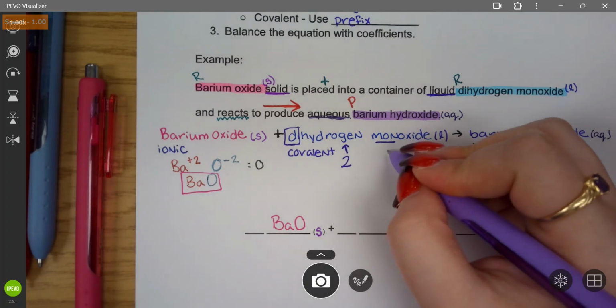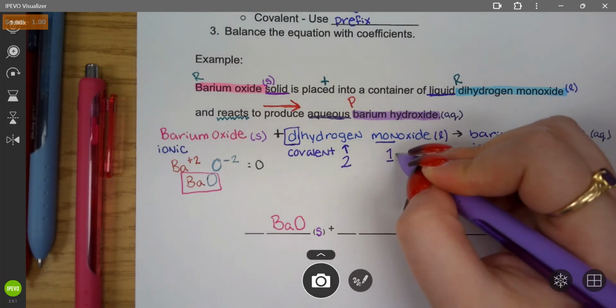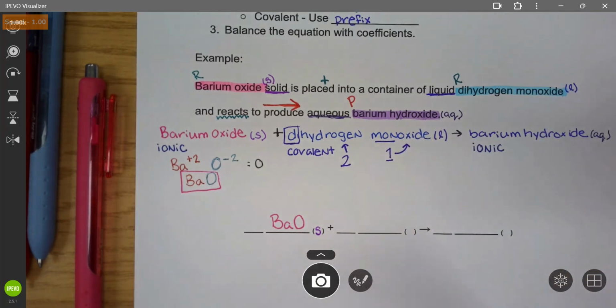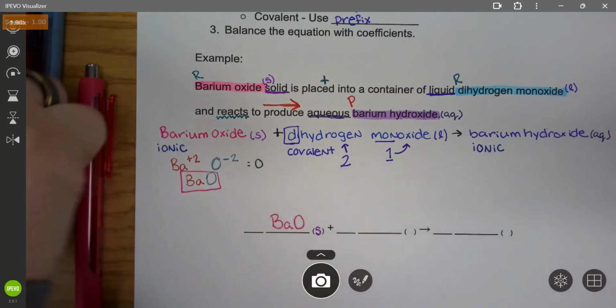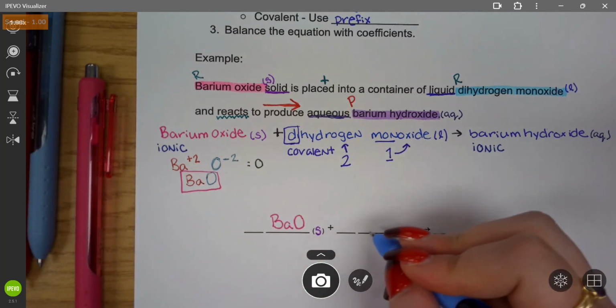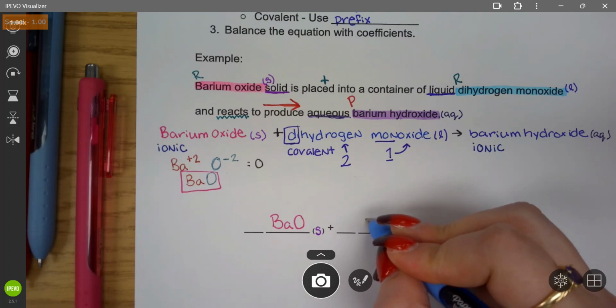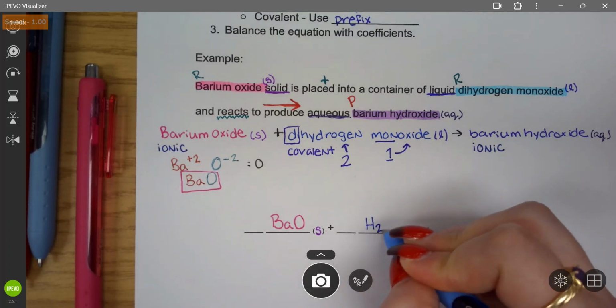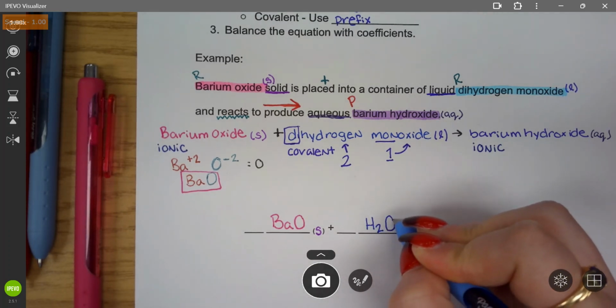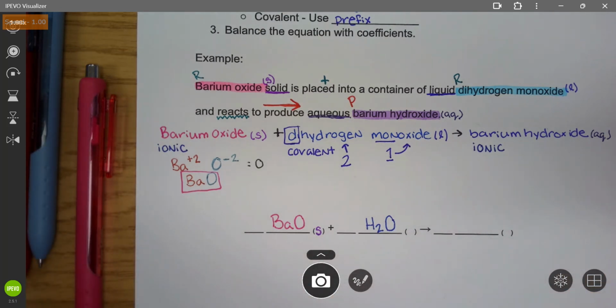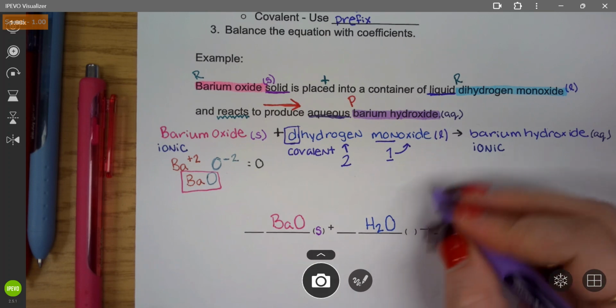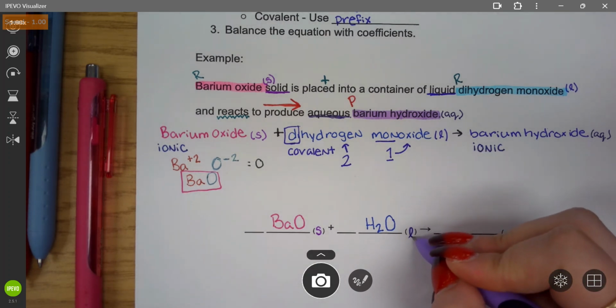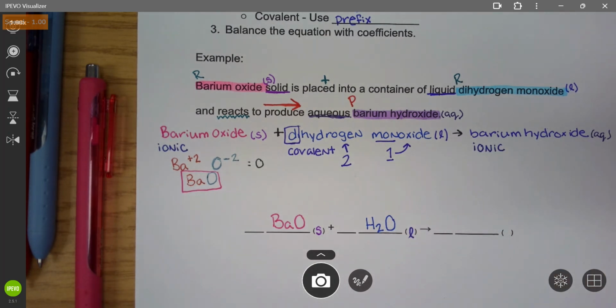And then I have the prefix mono, which means 1, so I have 1 of the oxygen. So for dihydrogen monoxide, my formula would be H2O. 1 O, 2 H's to make my compound. And this again is in that liquid state, so I'm going to use a little L here to represent liquid.